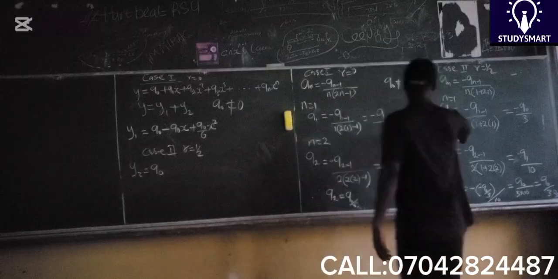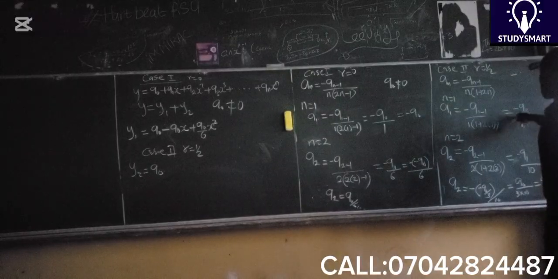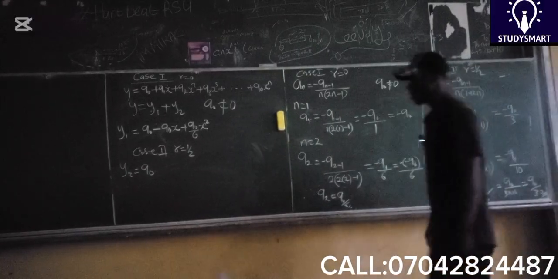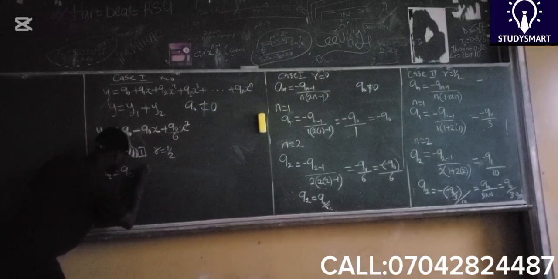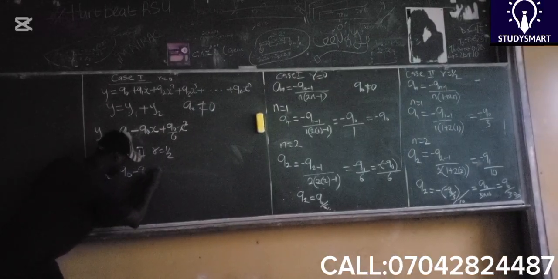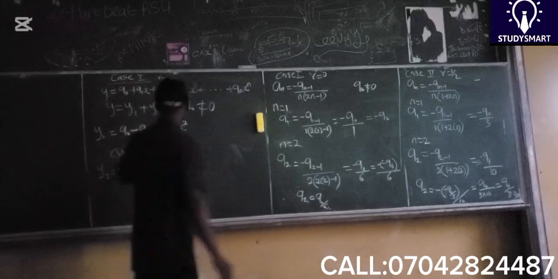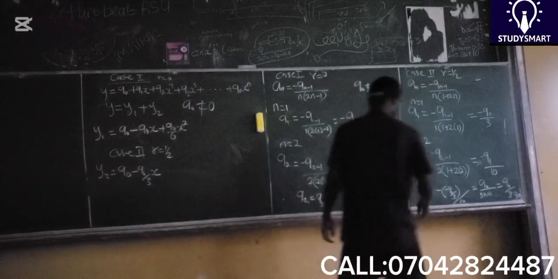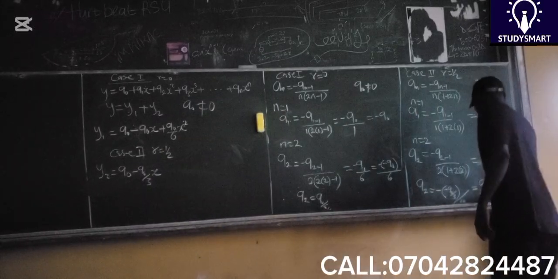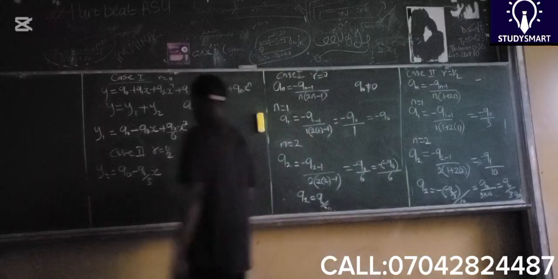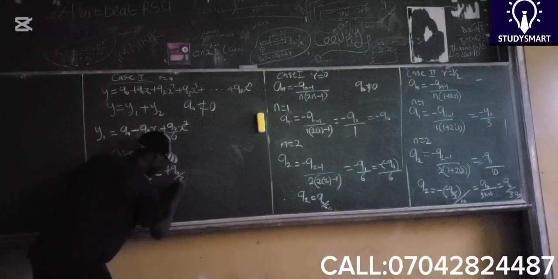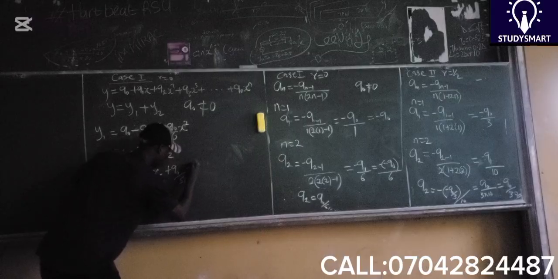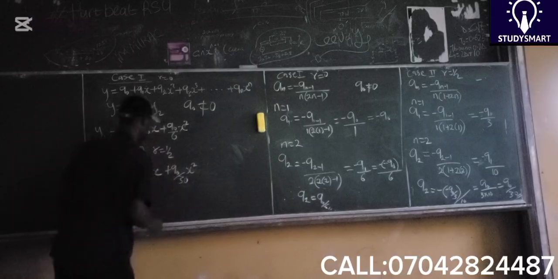For case 2, my A1 becomes minus a naught over 3, and I have x. Then A2 x squared, my A2 becomes a naught over 30. So this becomes plus a naught over 30 x to power 2.